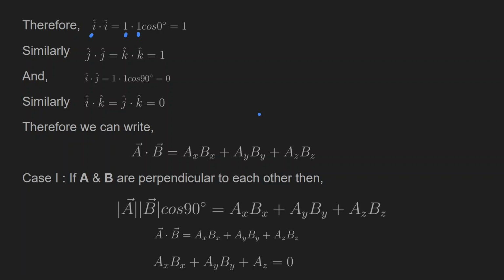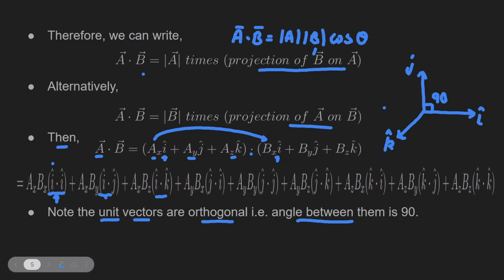Both of them are in the same direction, so the angle between them is 0 and they are parallel. So 1 into 1 into cos theta, but cos 0 is 1. So i dot i is 1. Similarly, j dot j and k dot k will be equal to 1. So all the terms which have i dot i, j dot j and k dot k will survive.